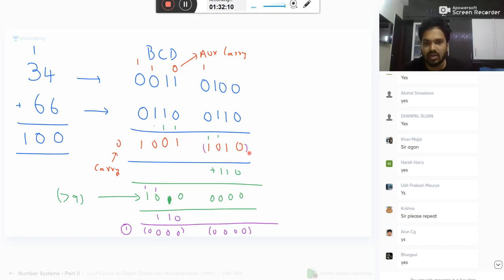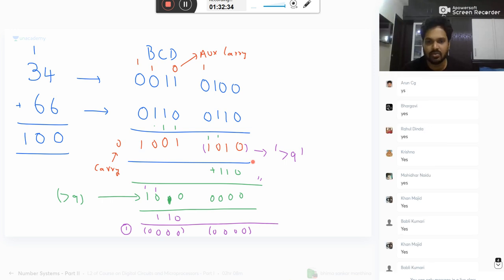What is the lower order nibble here? 1 0 1 0. If it is greater than 9 or this auxiliary carry is equal to 1, any one of them being true, add 6. Here it is greater than 9, so I added 6. Up to this, is it clear, Khan and Krishna?